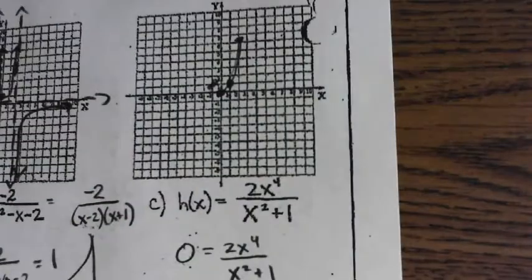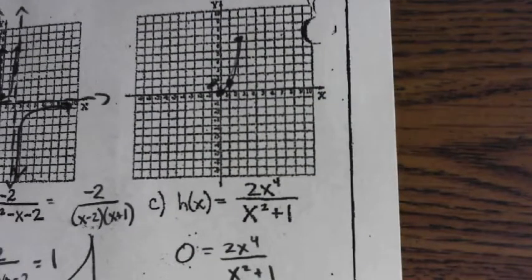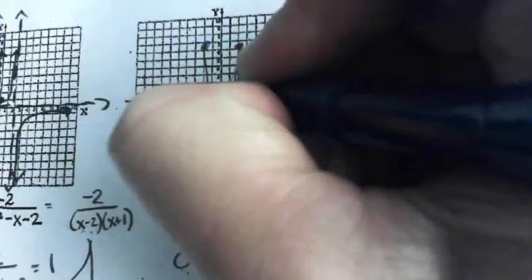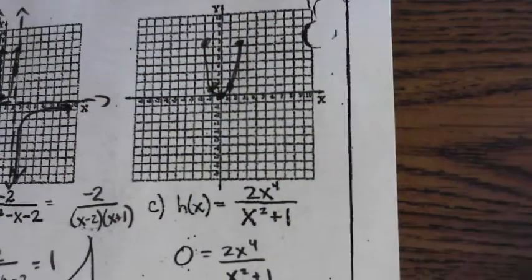What realization could you have at this point, Nate? It's even, so it should be symmetrical. So if I plug in -2, I'm also going to get 6.4. And it kind of looks like a parabola.